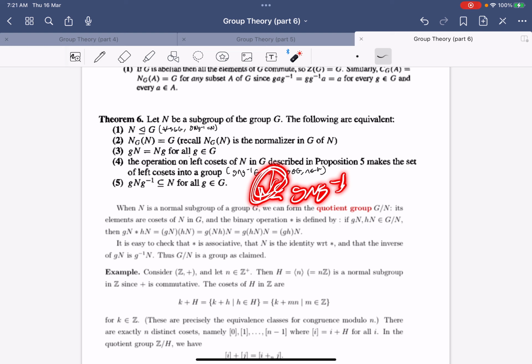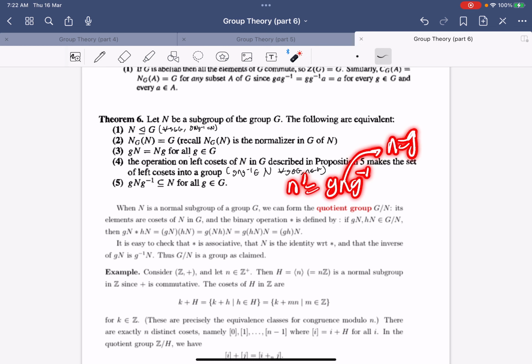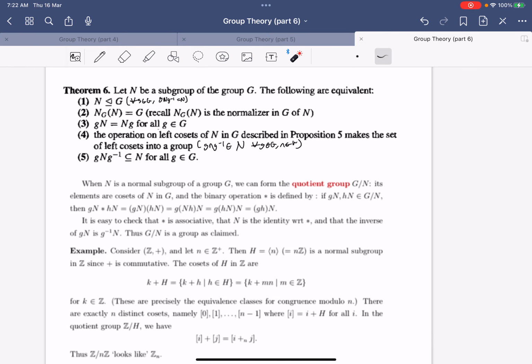Well, you just take an element in N, and because it fulfills this condition, this element can be written in a form like this: n prime equals g n g inverse. Then n will just equal g inverse n prime g. And this g inverse and g are elements in big G. And so now you can write all the elements in N as an element in the conjugate set. So you're done.